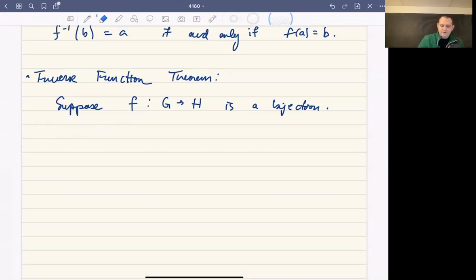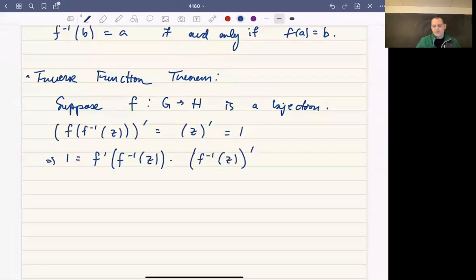So f of f inverse of z, if you take the derivative, well, f of f inverse of z is just z. That's what an inverse is. So that means that the derivative is going to be 1 on the one hand. On the other hand, if you take the derivative of f of f inverse of z, you just apply the chain rule. This is the derivative of f at f inverse of z times the derivative of f inverse of z.